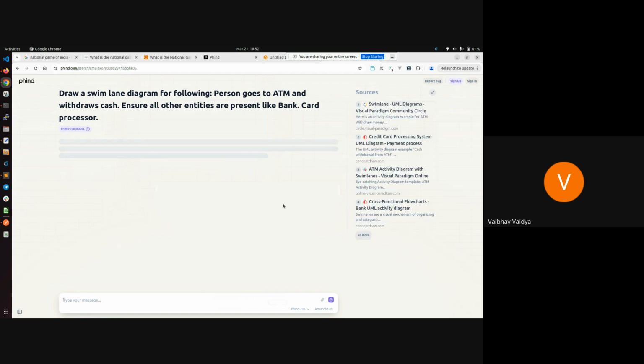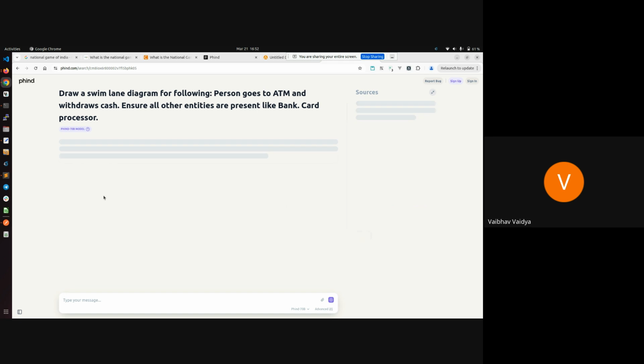Okay, so let's do this. So this is basically a swim lane diagram. Again, we are exploring the same scenario. Interesting, first time I'm getting this.